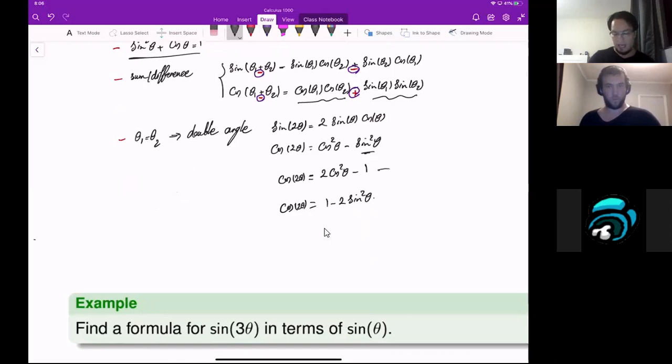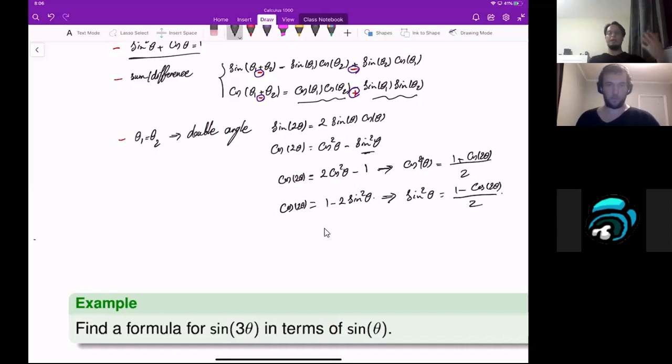In these last two forms, you can solve for cosine squared or sine squared. So cosine squared theta is equal to half of 1 plus cosine 2 theta, and sine squared theta is 1 minus cosine 2 theta over 2.